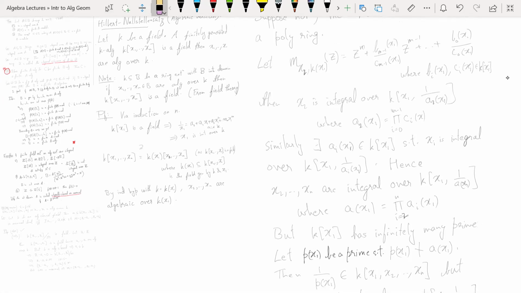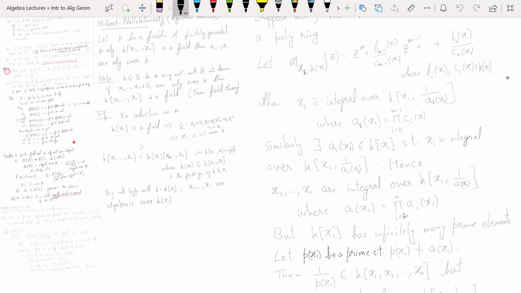It's the same proof as for Z, if you like. If k is an infinite field, you can just take all the linear polynomials. If k is a finite field, then you have to do some work, but you have seen this in field theory.